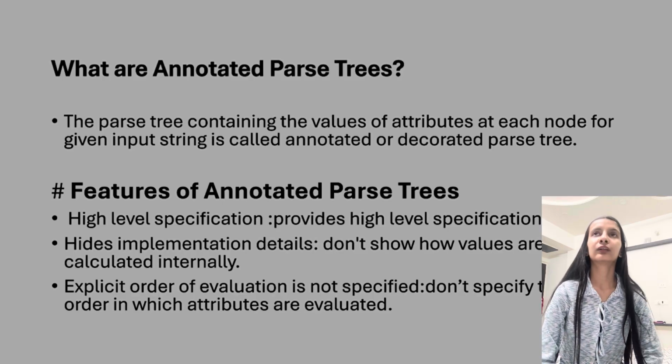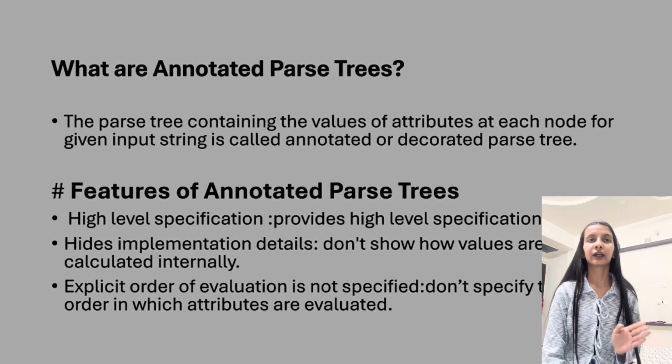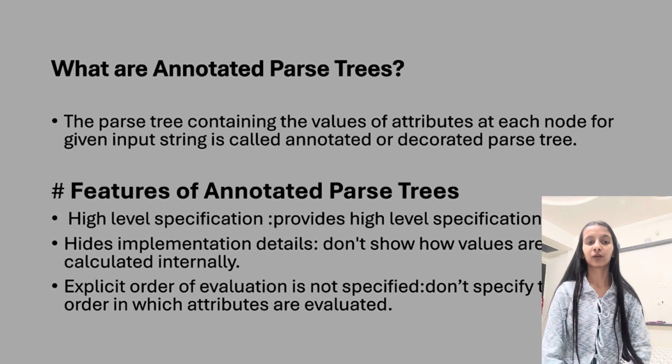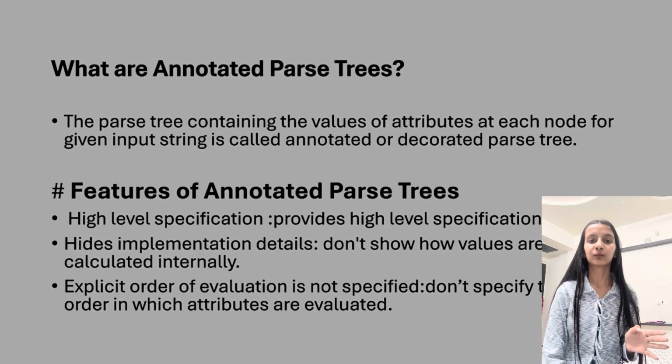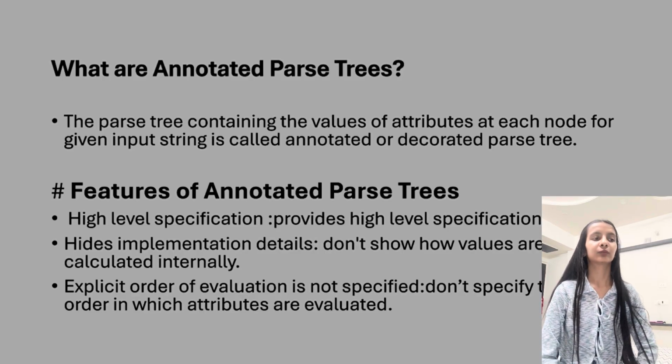Simply, if a string like a equals b plus c has no values, it is not an annotated parse tree. If a has a value like 2, then it will be an annotated parse tree.